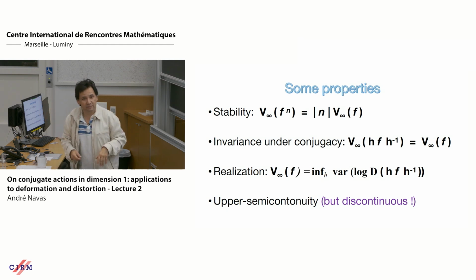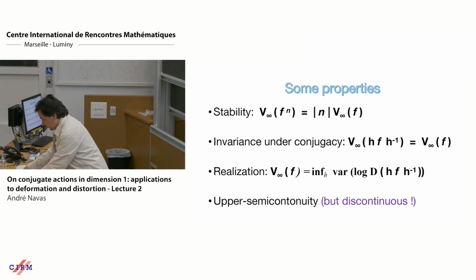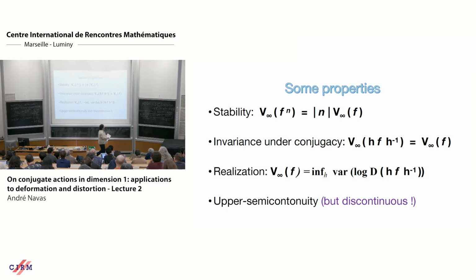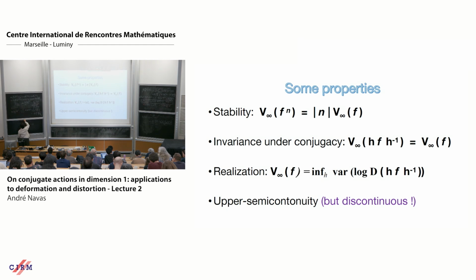And actually one can add some properties. For instance, again, if you think cohomologically, in case of a C1 plus absolutely continuous diffeomorphism, one can show that there is a kind of cohomological version of the realization statement there, which is the following.